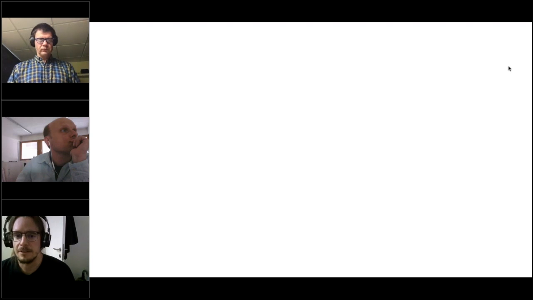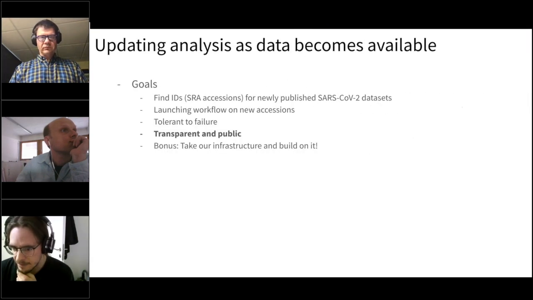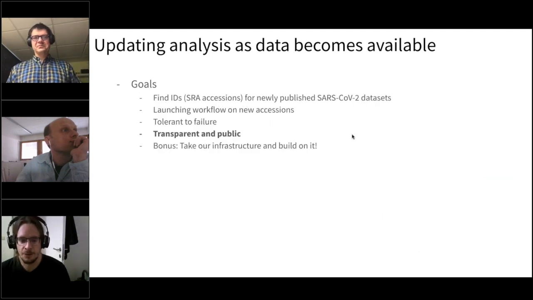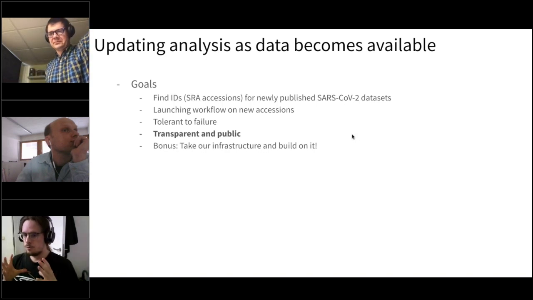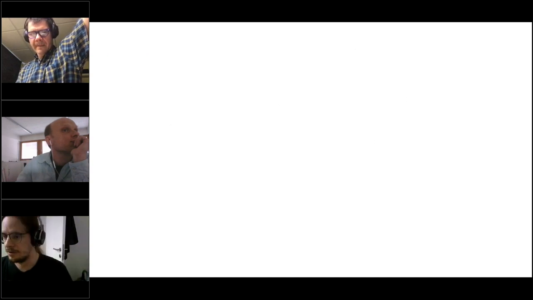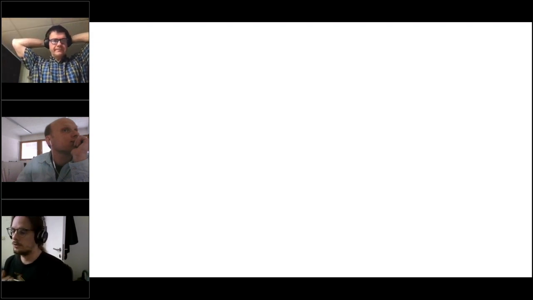Okay, so one of the goals we had was... Something's wrong with the slide, I think. Ah, there it is. Yeah, so we had a couple of goals to make all of this available as quickly as possible. Ideally, whenever there would be a new deposition of data, we would find the new data, so find the new accessions for all the newly published SARS-CoV-2 data sets.